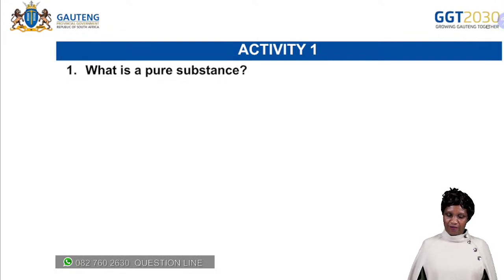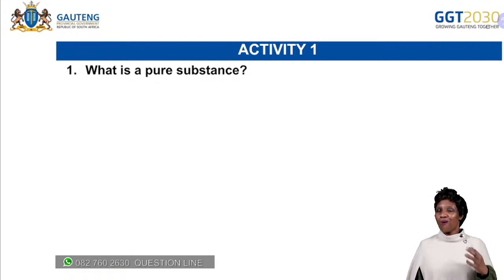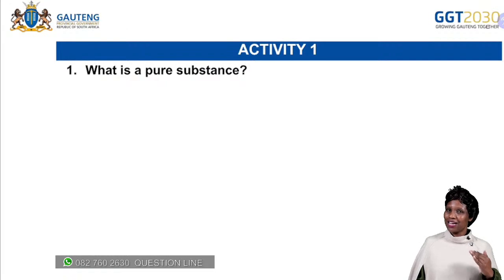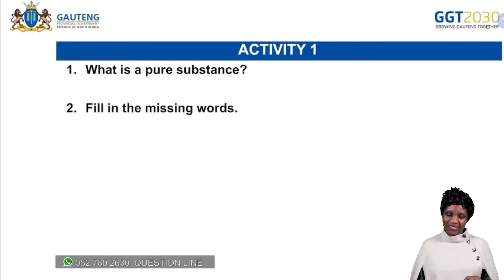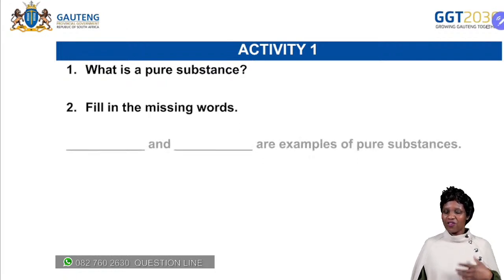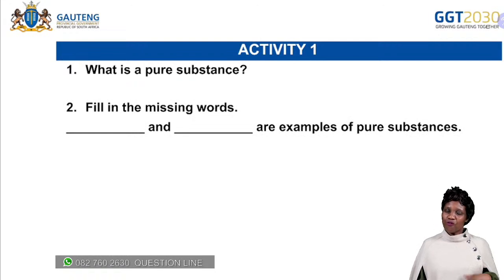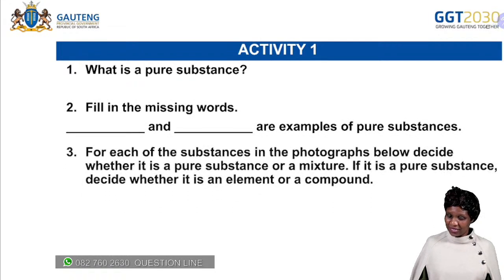We've got activity 1. We're going to answer this activity basing on the knowledge that you have accumulated from our lesson. Question number 1 says, what is a pure substance? And then question number 2, fill in the missing words. We've got blank and blank are examples of pure substances.